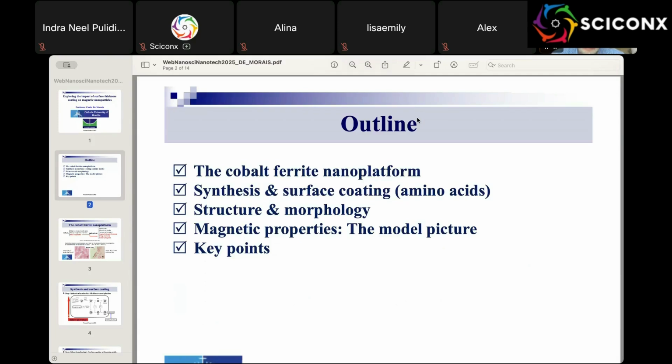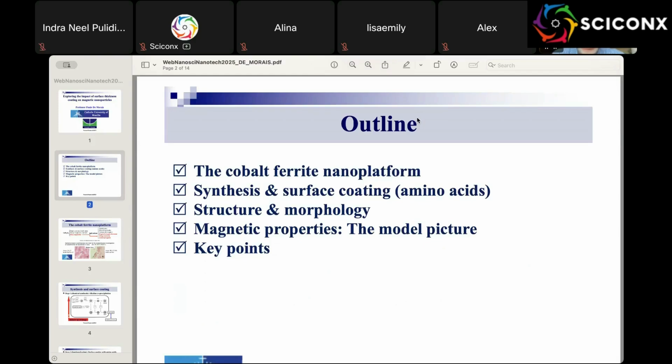Then I will present the main structural and morphological characterizations of the samples, not only the native cobalt ferrite nanoparticles, but also the surface coated ones.